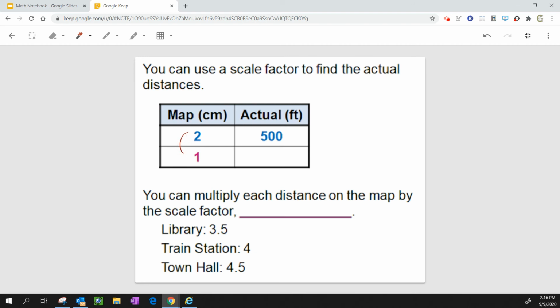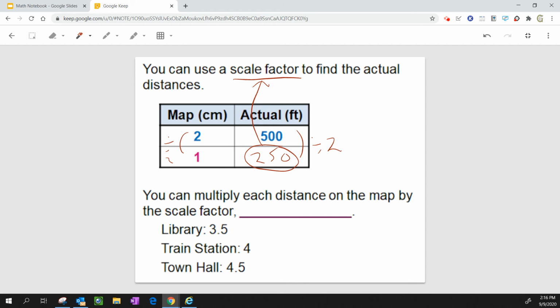So 2 to get to 1 is divide by 2. So I'm going to divide by 2 and I get 250. This right here is my scale factor.